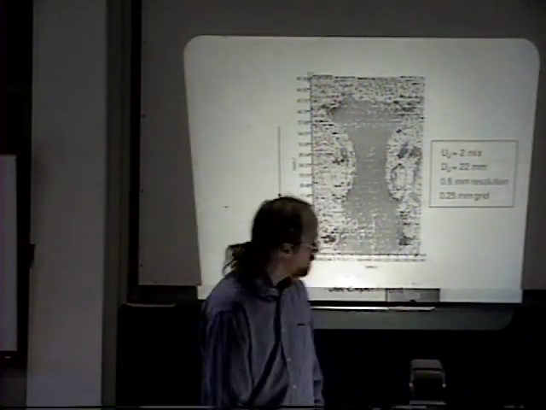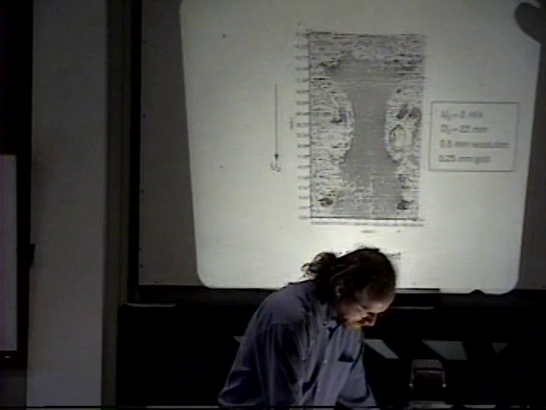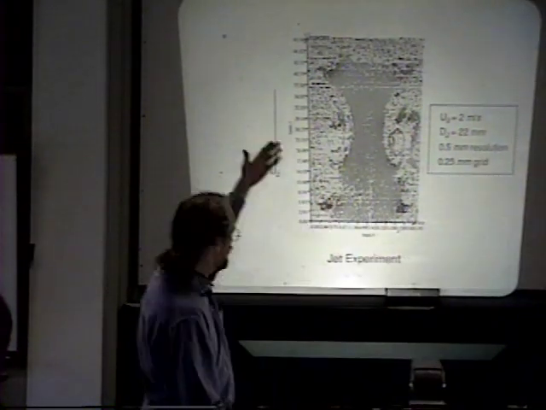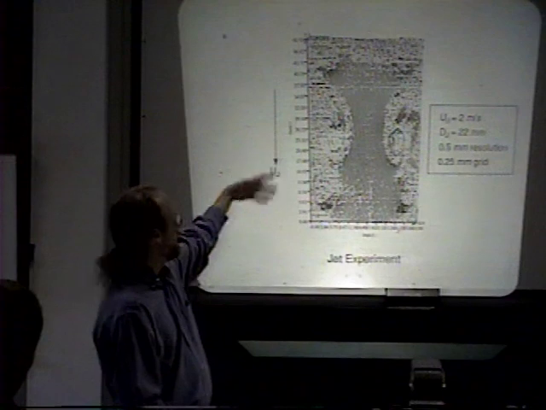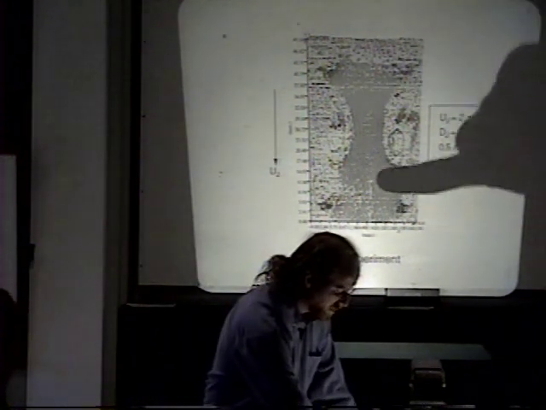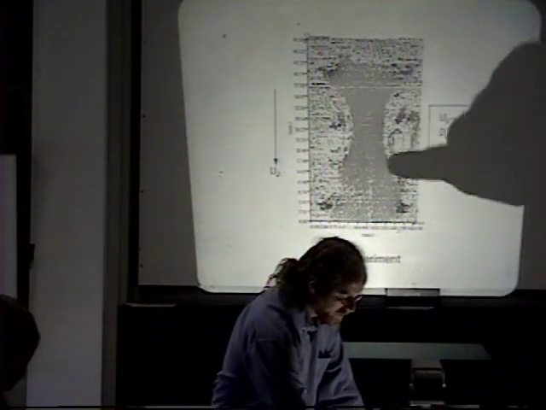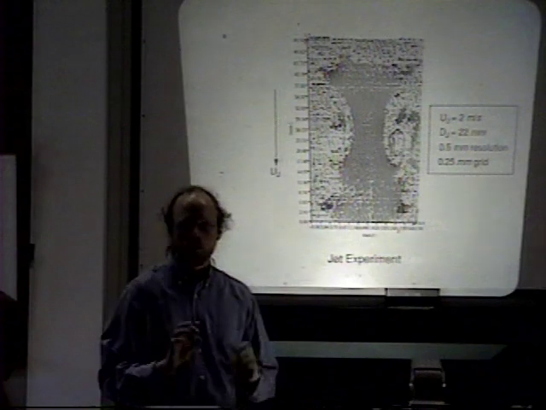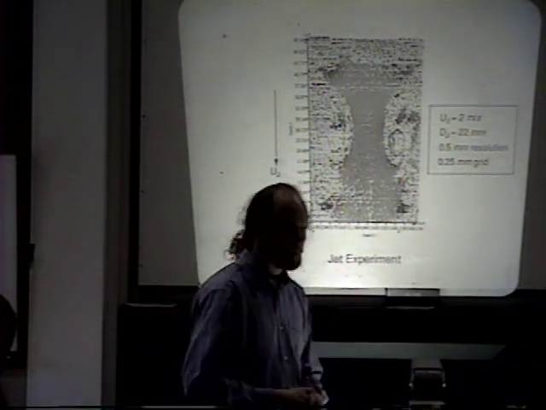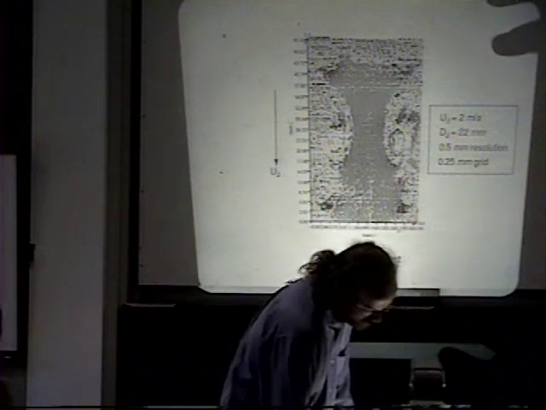Here is a jet experiment, and this is one slice of a volume. You can see the jet nozzle here, and there's sort of an entrainment and some off vortices here. I'm not really a fluid mechanics person, so forgive me if I don't know all the right terms to use.